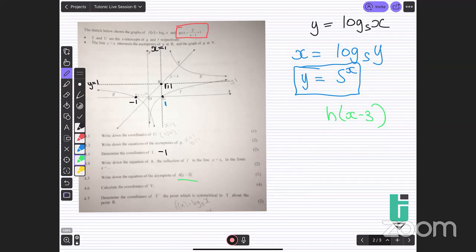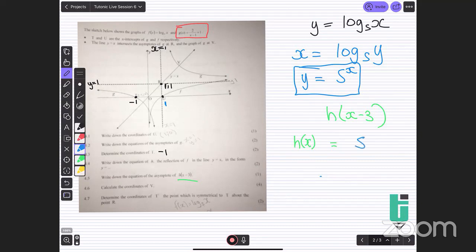So if h of x equals log to the base 5 of x, what is h of x minus 3, the equation? No, I think h of x was 5 to the power x, isn't it? Because it was the inverse. Yes, sorry. So h of x is 5 to the power of x.